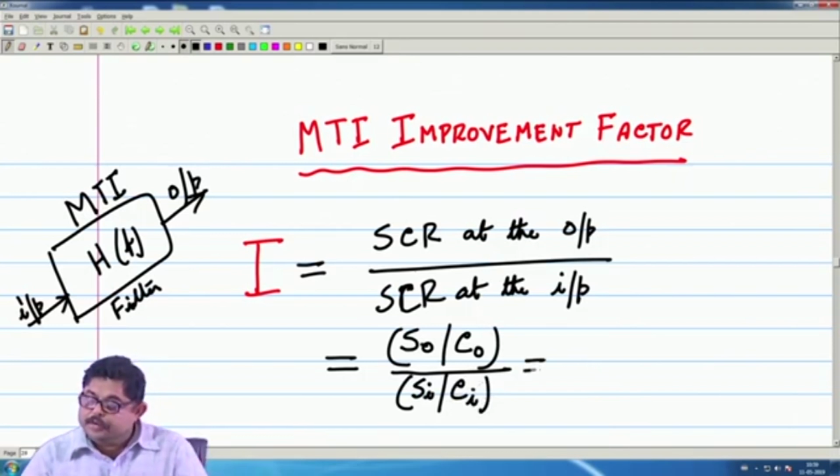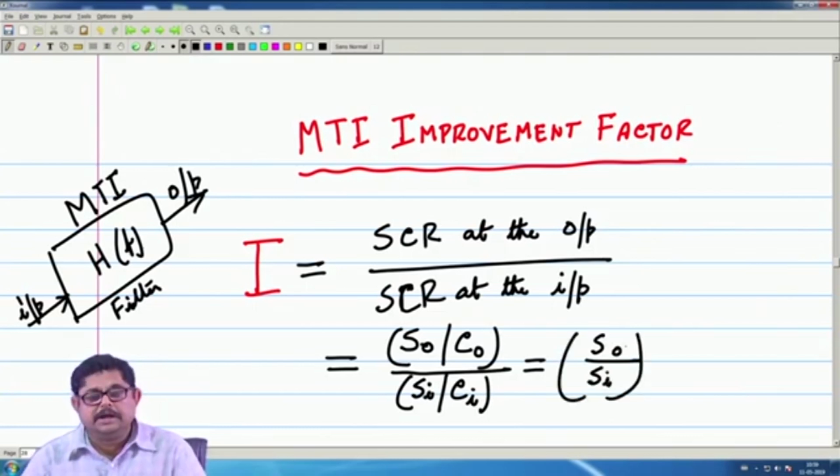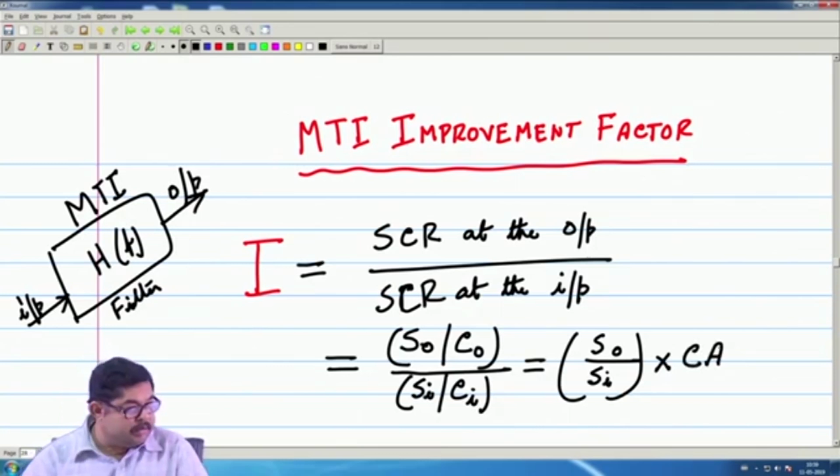So, this I can write as the signal power ratio at the output by input, into the clutter attenuation which we have already seen. Then what is So by Si?